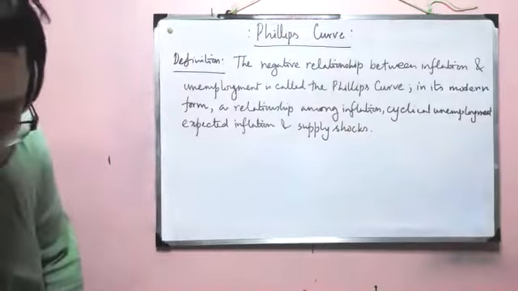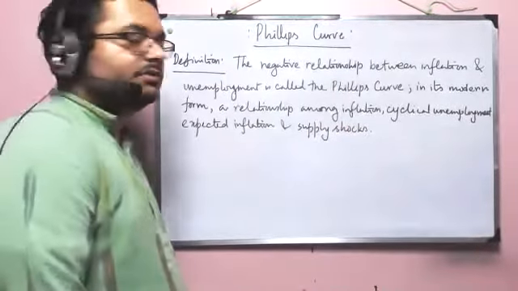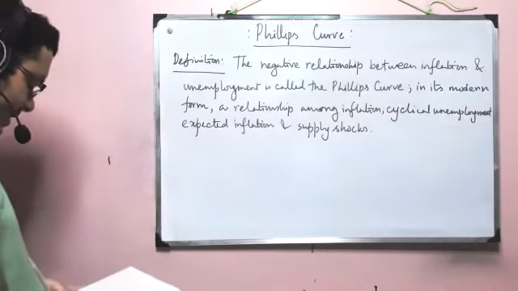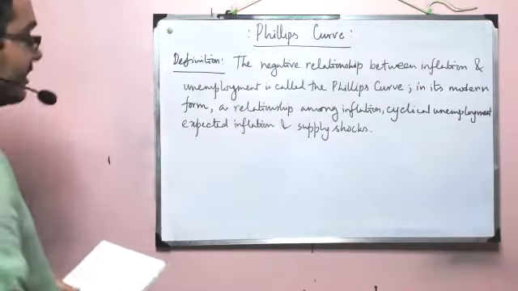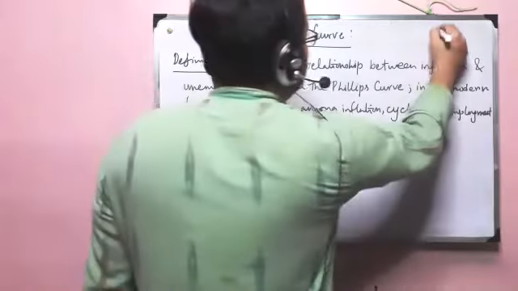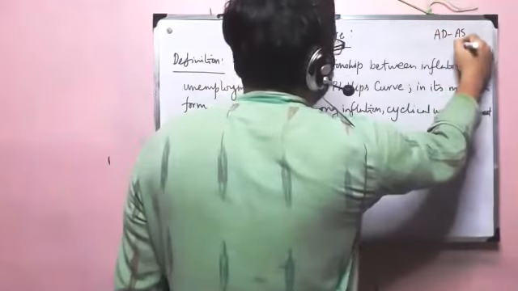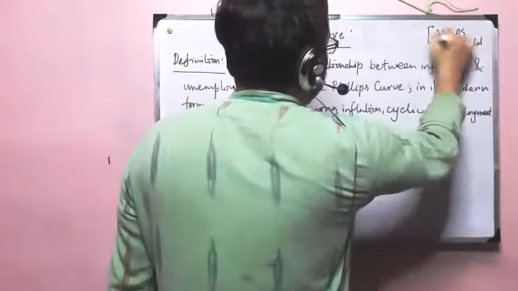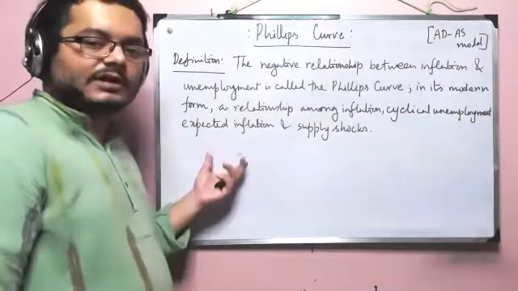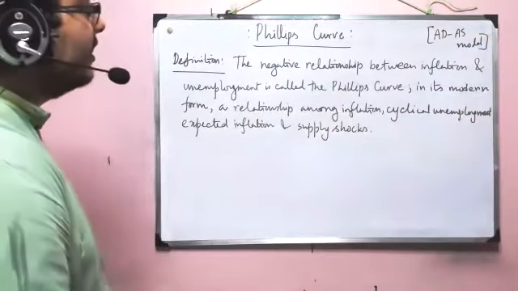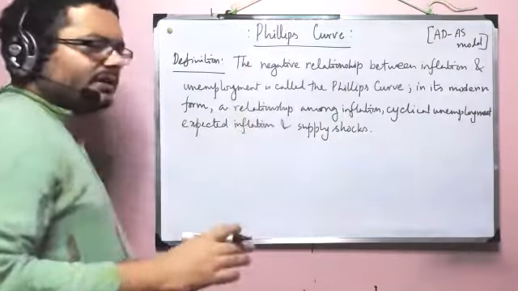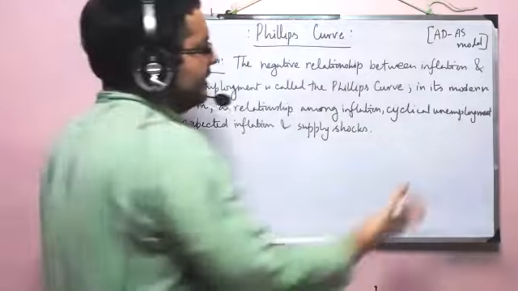Okay, but before going into the shape of Phillips curve and so on and so forth, let us connect it to something that we have done earlier. So we are going to connect it with our ADAS model. Apart from that, the basic question is why at all we are studying this, because as you will see later, Phillips curve shows the flip side of ADAS model.